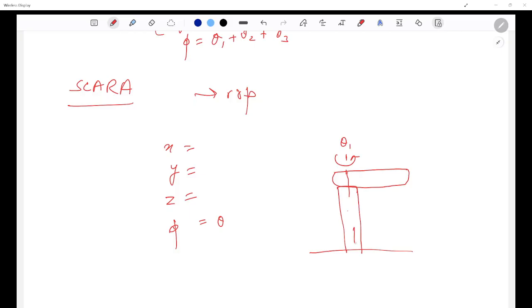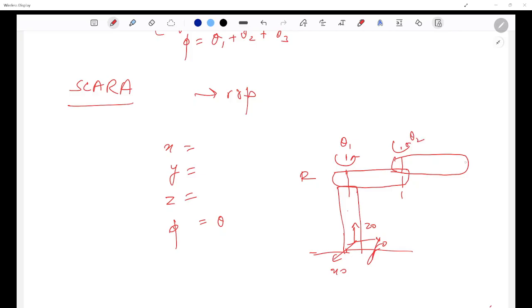Here you will define x naught and y naught, and z naught is always along the axis, as you know for DH parameters. x naught can be taken in any arbitrary direction for the base, and y naught is such that x cross y equals z, so it should satisfy the right hand thumb rule. So this is the revolute joint and we have theta 1. Then there is another revolute joint which has this axis of rotation and it is theta 2.